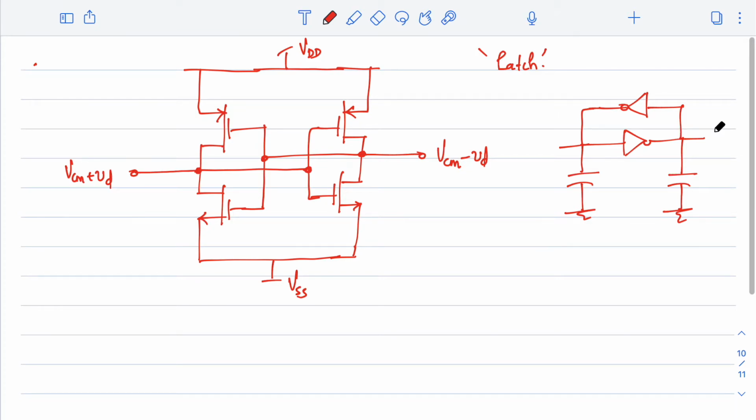Before checking that, see, if I am connecting directly the voltage which I need to check to this node, one node is VCM plus VD and the other node is VCM minus VD, and I'm directly tying the two voltages to two nodes. It can make a decision or not, but how will I? This cannot be done just by directly connecting the voltage to the node to make a decision.